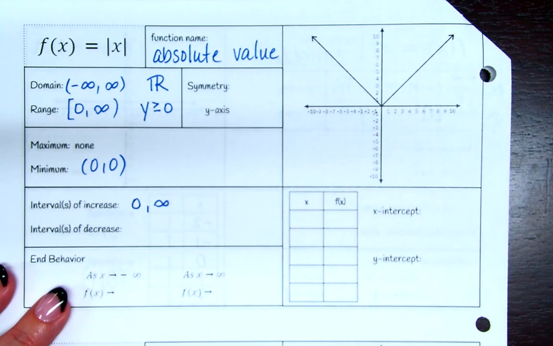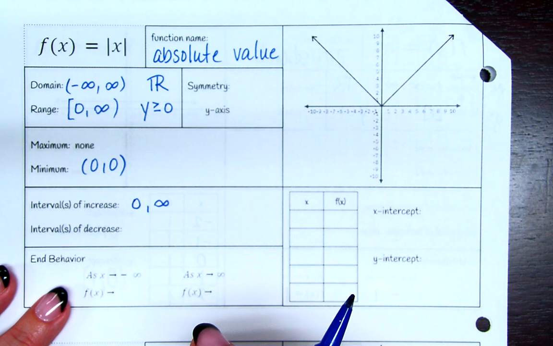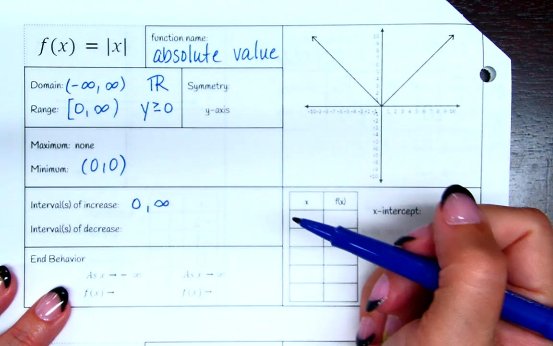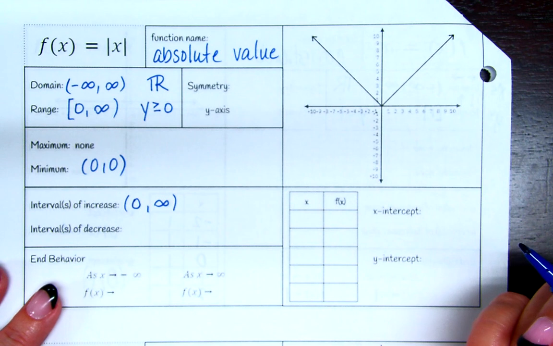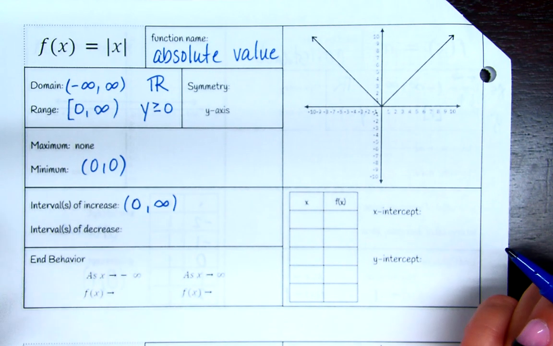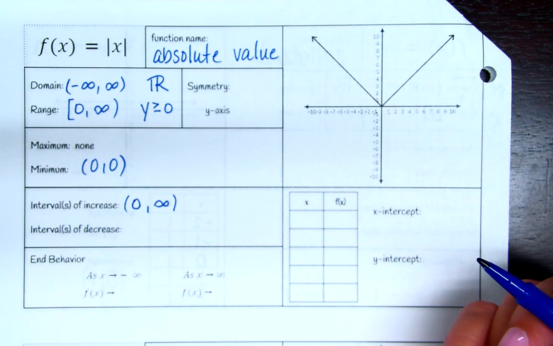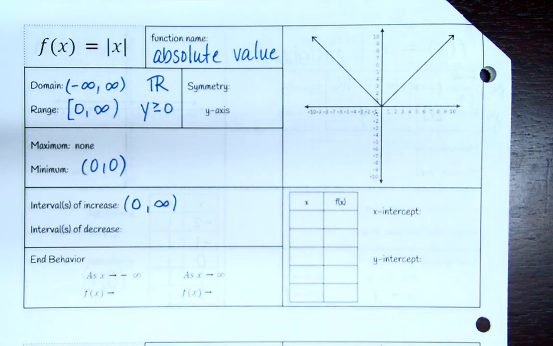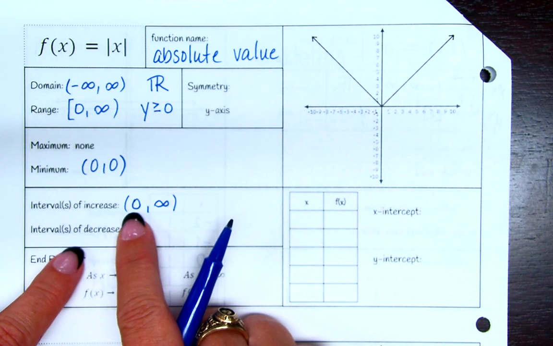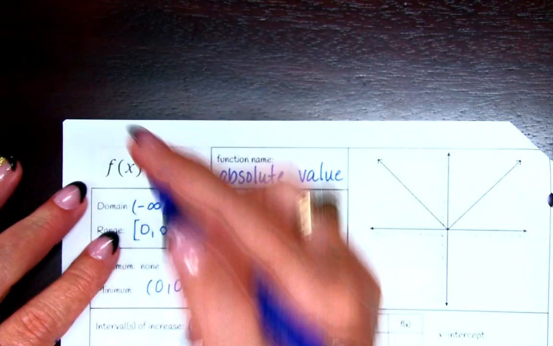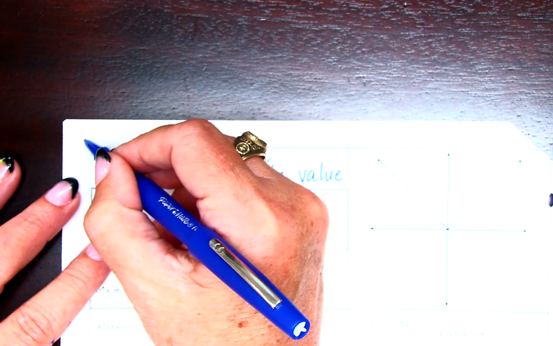But I need you to be really, really careful here. Okay? Because when we're talking about intervals of increase or decrease, we're always going to use parentheses. Now you need to understand as a math teacher, I hardly ever use always and never. Because there's almost always something else that could happen, right? But when we're talking about intervals of increase or decrease, why would we not use a bracket on 0? Look at this.